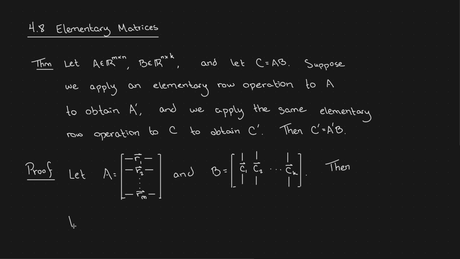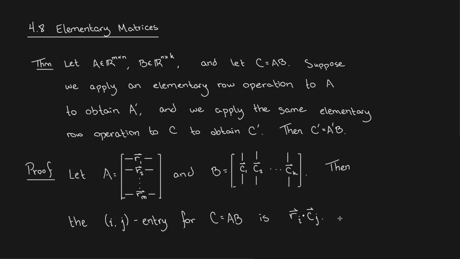Then note that the ij entry for matrix C, which is the product matrix AB, is the dot product between the ith row of matrix A with the jth column of matrix B. We've seen this before.